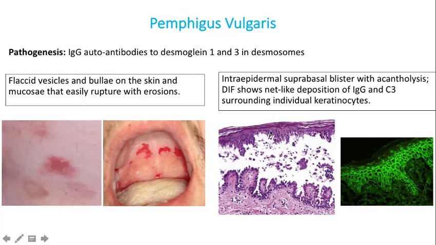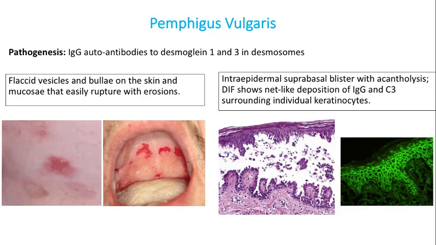There is a form of pemphigus, which your book talks about, which targets desmoglein 1. Those patients get superficial blisters. But the more common form of pemphigus targets desmoglein 3, and they get blisters within the epidermis involving the basal layers of the skin. So clinically, patients with pemphigus present with flaccid vesicles and larger fluid-filled bullae.